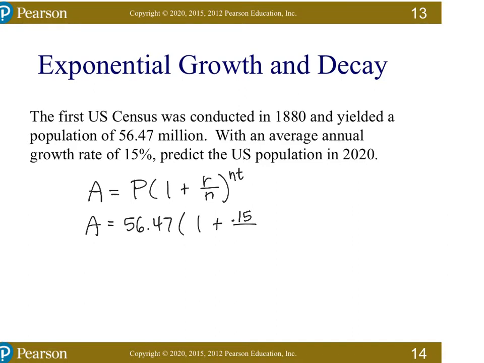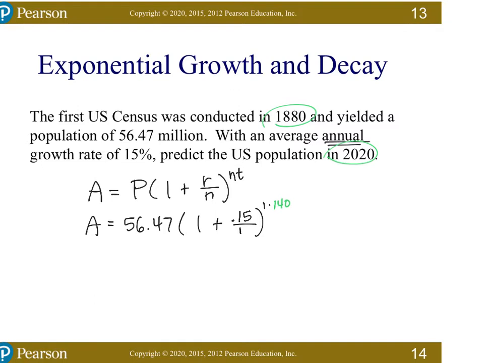And the n is annual, or think of annually. Annually would be 1, so we'll put 1 there, and then 1 again for the same n value. Now we need our time. The time is the years that have passed since we first conducted the U.S. Census. So we're looking at the difference between 1880 and 2020, and that's a difference of 140 years.